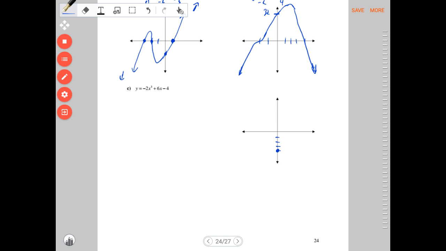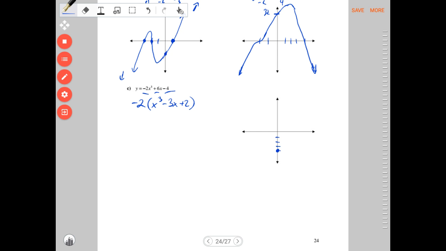Now, another good skill to have is look at all the numbers. 2, or the coefficient, 2, 6, 4. Guys, these are all divisible by 2. So this, even if we take out the negative 2, so this is going to be x cubed minus 3x plus 2.